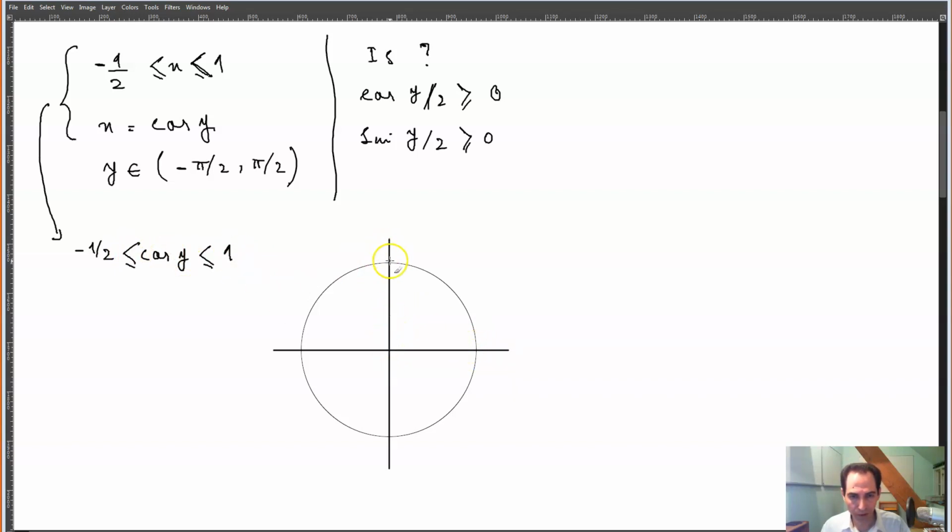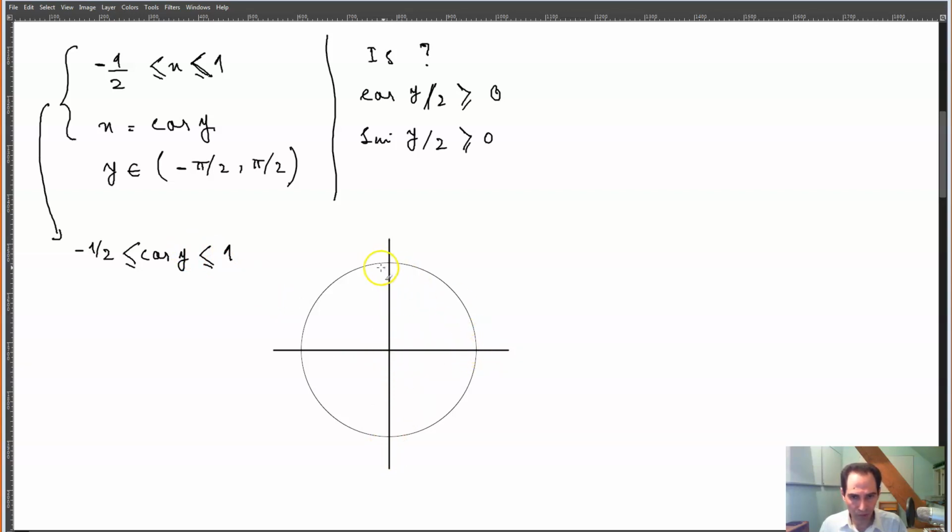Because if you have a 90-degree angle, then of course the cos of 90 degrees is equal to 0, and then as you decrease your angle, the cos of the angle is increasing, reaching 1, and then as you go towards negative pi by 2, the cos of the angle keeps decreasing until you get here, in which case the cos of the angle becomes 0.